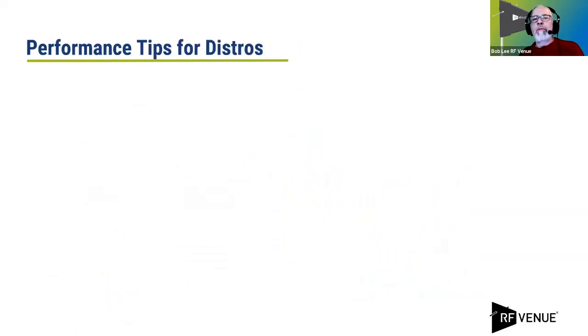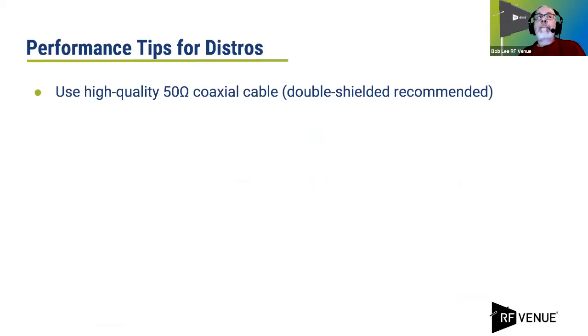So let's now go into some performance tips for distros. 1, use high quality 50 ohm coax cable. We recommend double shielded cable. Now, what we sell at our venue and what we recommend for most uses is RG8X. That's a double shielded coax cable.